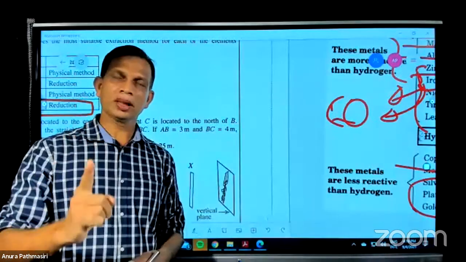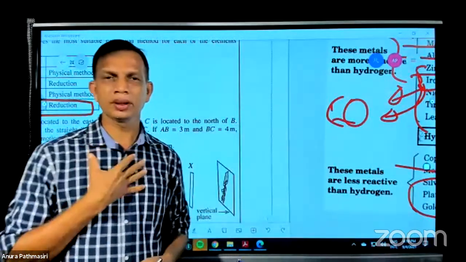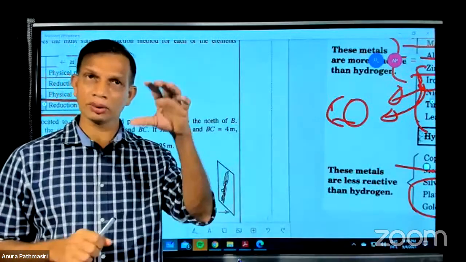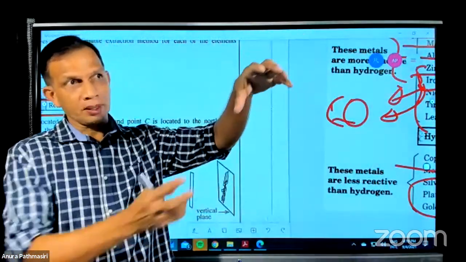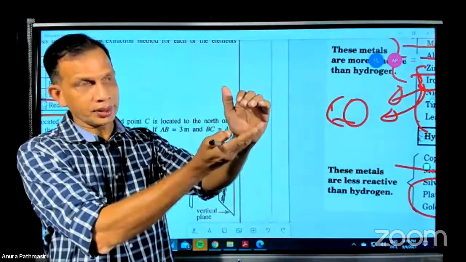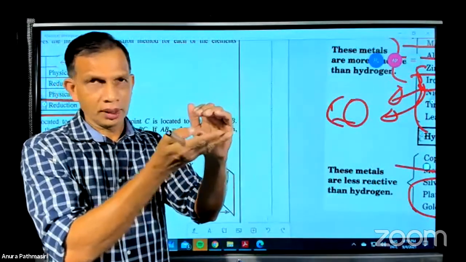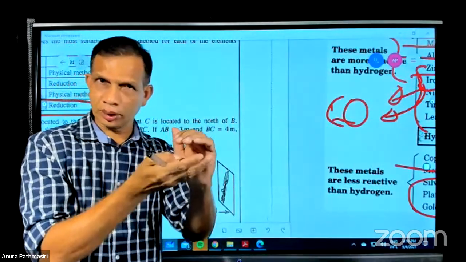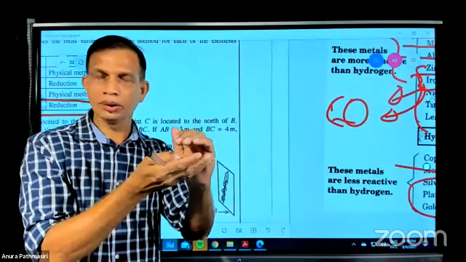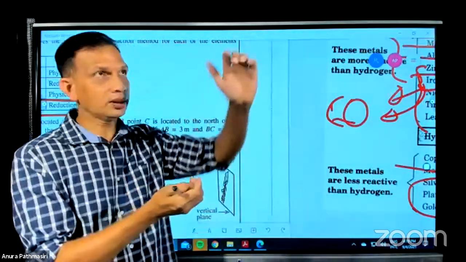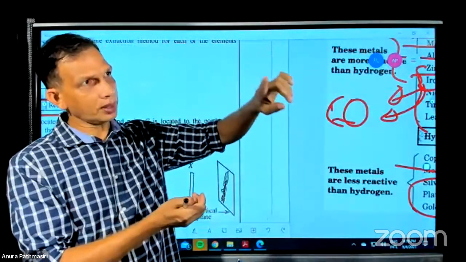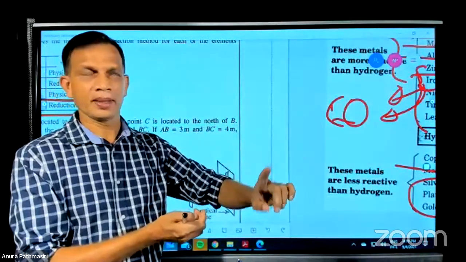But by the time that you are learning, it is our duty, the teacher's duty, to make you aware of this. The electrolysis of sodium from rock salt is given, representing potassium, sodium, calcium, magnesium, aluminium.